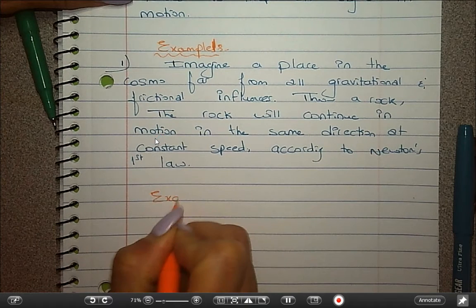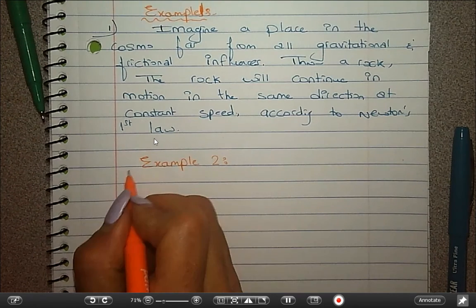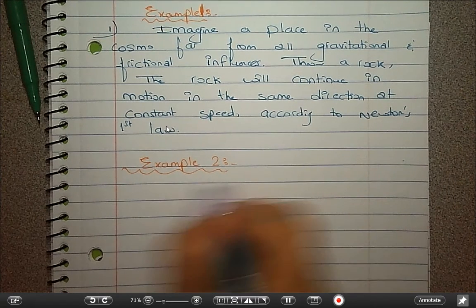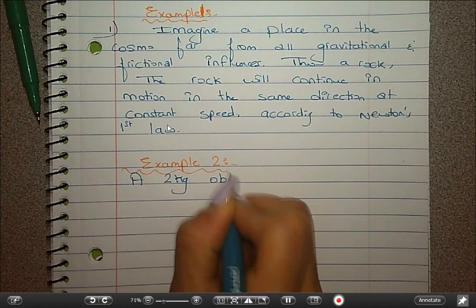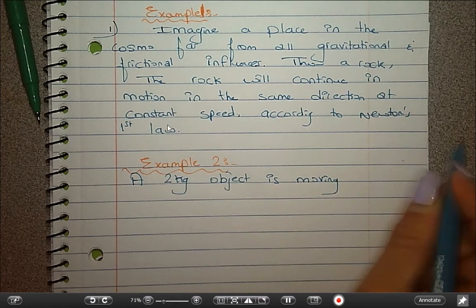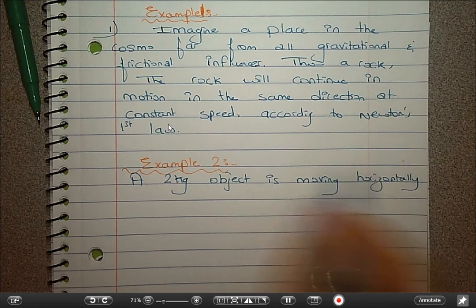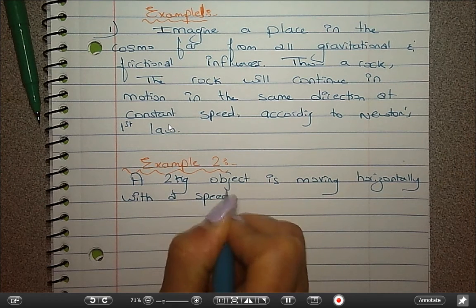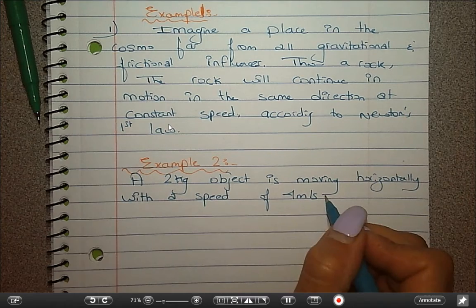Let's do example 2. A 2-kilogram object is moving horizontally with a speed of 4 meters per second.